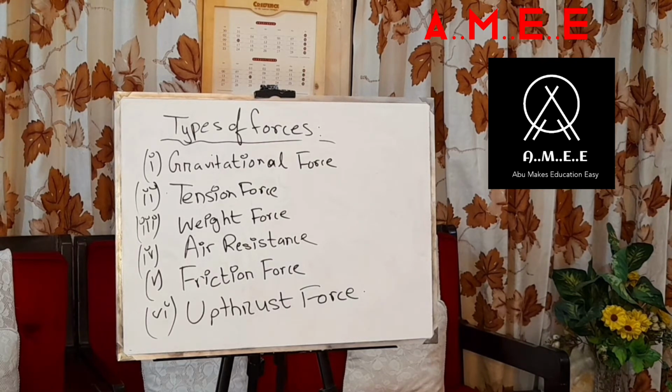So let's come to the point: what is gravitational force? It is the downward force by Earth. Now, just think that there were no gravitational force on Earth. What will happen? All the things, for example your furniture, your house, even you are going to fly.